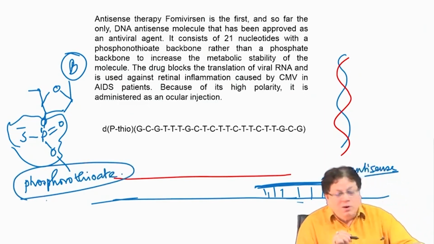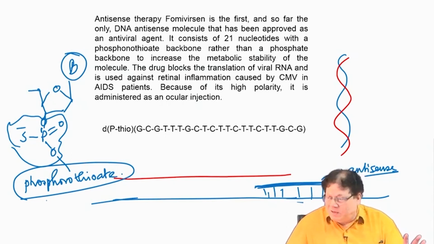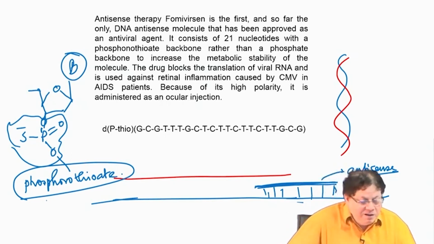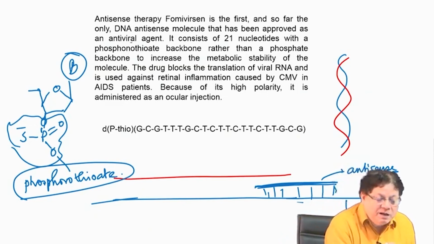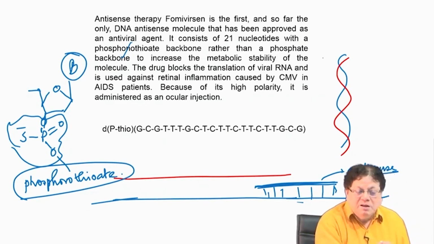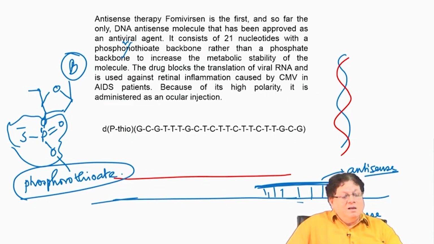So, basically, you have removed the oxygen and put a sulfur. You can say sulfophosphate, that is not a problem, but in the literature it says phosphorothioate. Some books have written phosphonothioate. I think that is wrong, because it was from a book. So, this is phosphorothioate, and the nuclease cannot hydrolyze this phosphodiester bond.